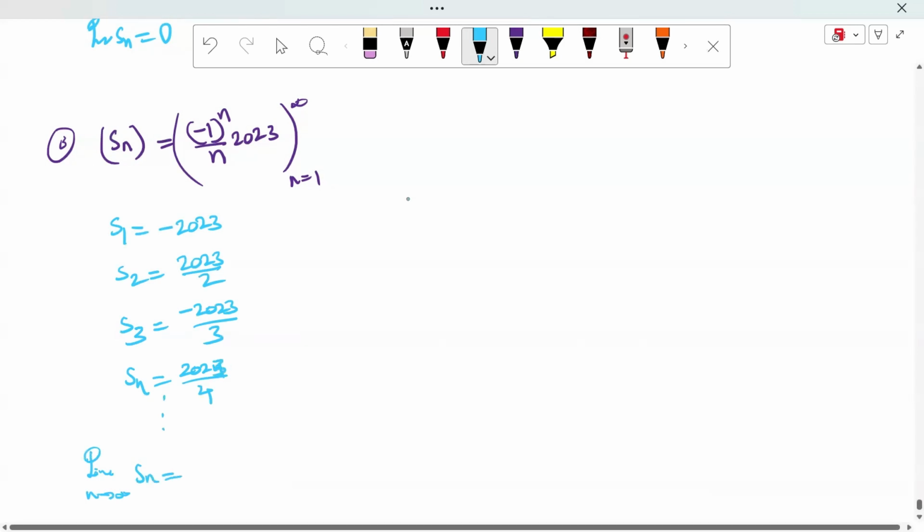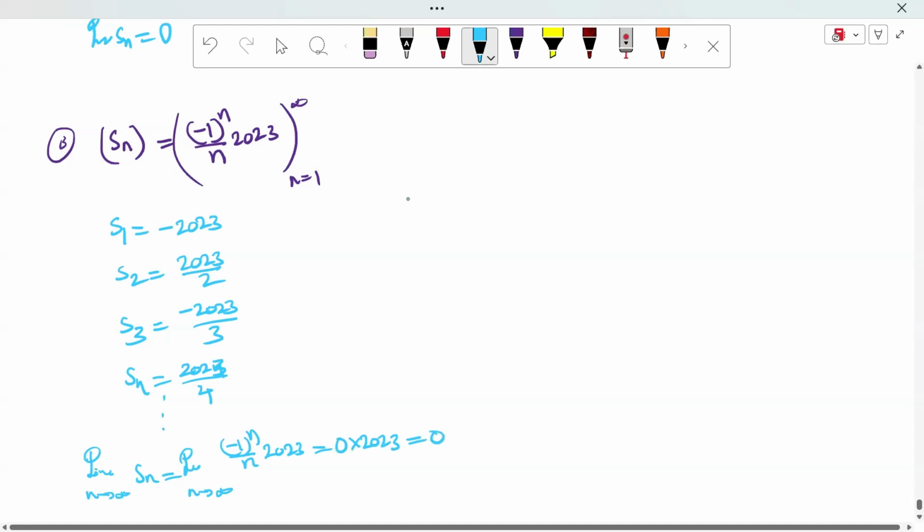Now limit n approaches infinity of Sn is equal to limit n approaches infinity of (-1)^n by n into 2023. This value is equal to 0 into 2023, which is nothing but 0.